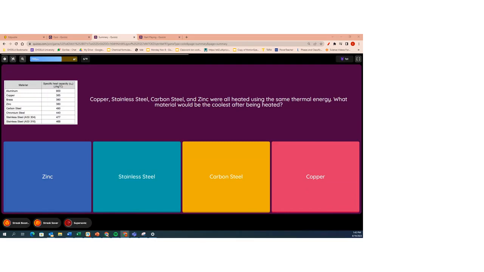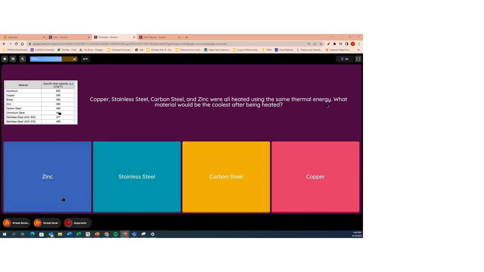All right, so I figured out what my mistake was, ladies and gentlemen. Copper, stainless steel, carbon steel and zinc are all heated with the same thermal energy. Okay, so the same amount of thermal energy, not that they're all the same temperature. So which will be the coolest? Carbon steel will be the coolest because it has the highest specific heat, right?